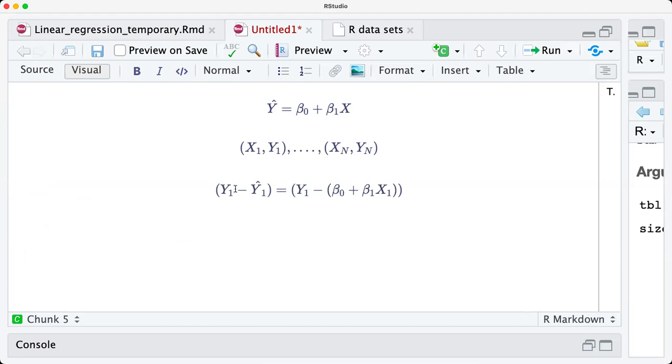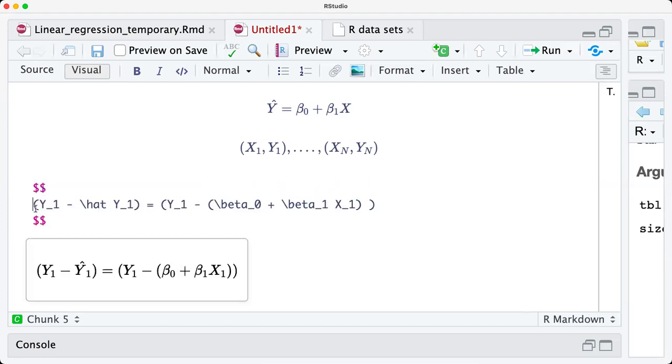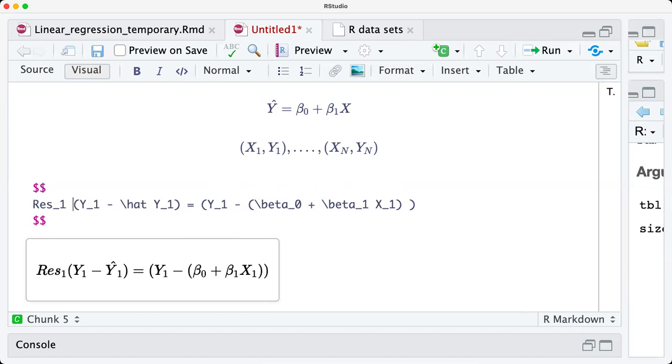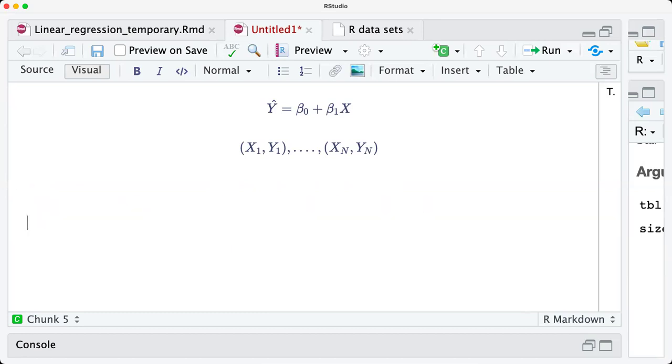This is the first residual. And you can do it for every residual. Do you have questions? Okay.